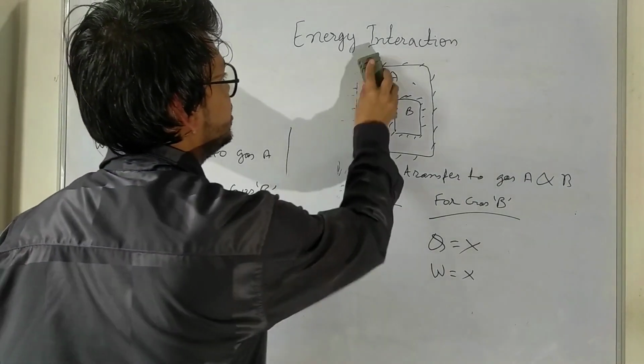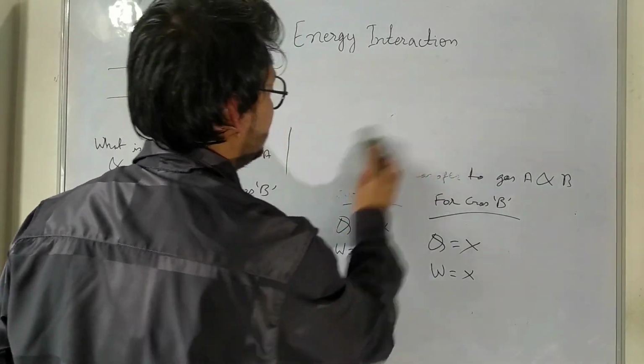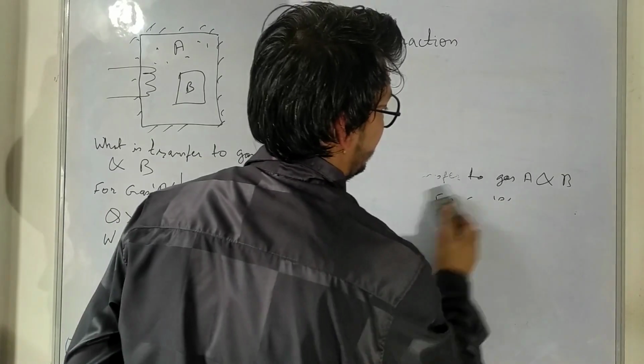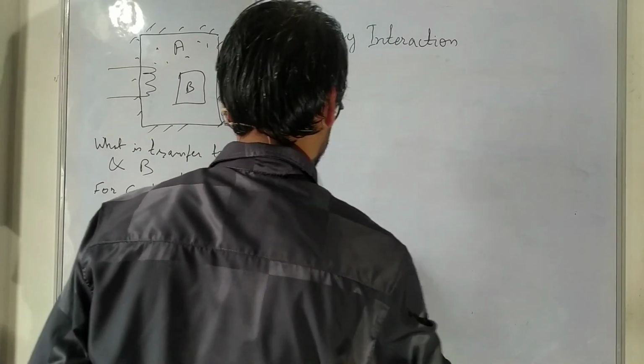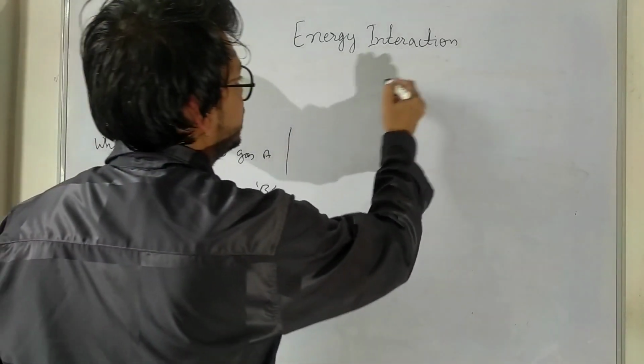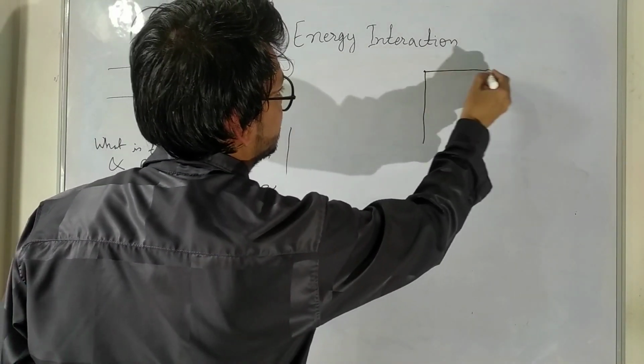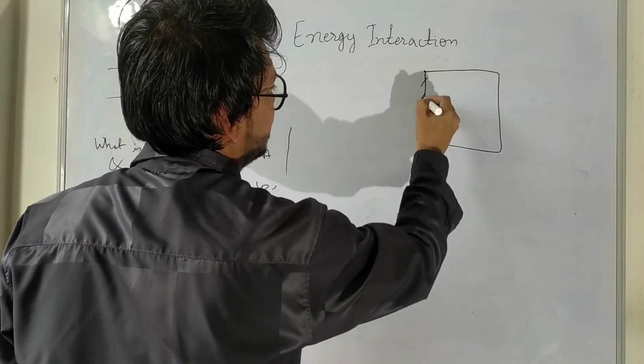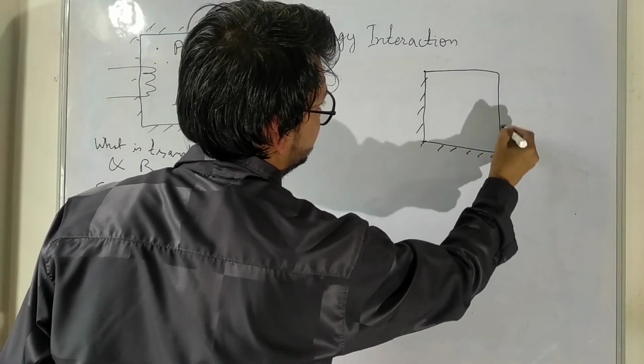Now we again alter a little bit in the given example, and we'll see what happens. Now this is our system. Again, this is an insulated system.